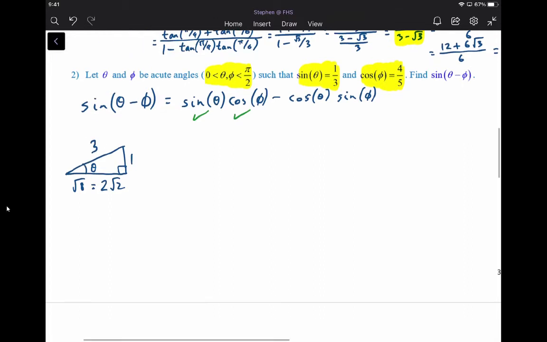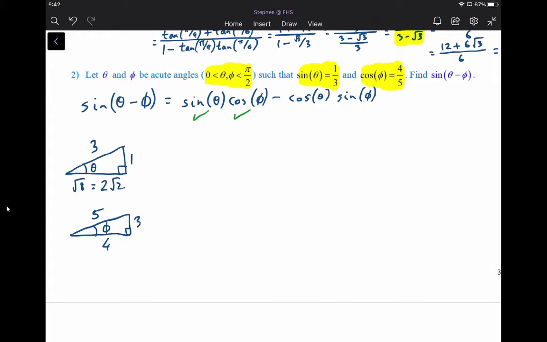In a similar fashion, we can get the value of sine of phi. So if cos of phi is 4 on 5, again, let's draw something similar. So this time we have phi inside. Cos is adjacent over hypotenuse, that's 4 on 5. So the opposite will be square root of 25 minus 16, which is root 9, which is really 3. Excellent.